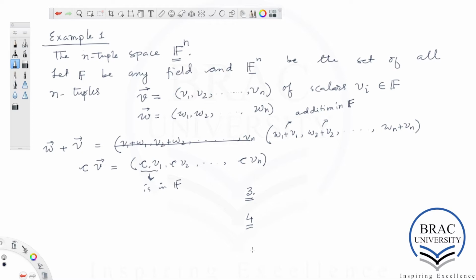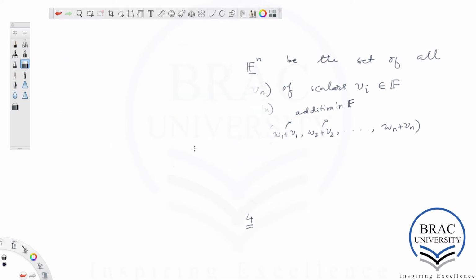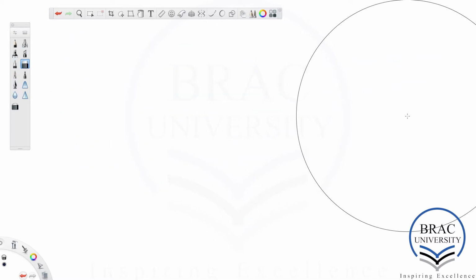Okay, now our second example is that of the set of all m times n matrices over a given field F. This is example 2.